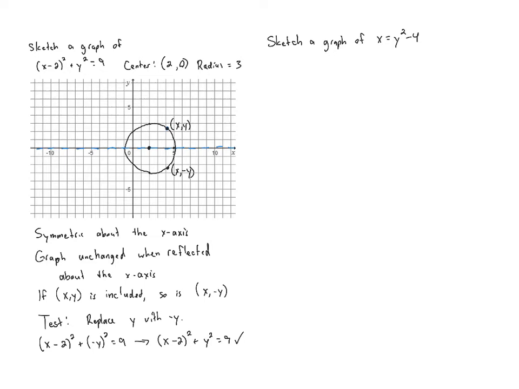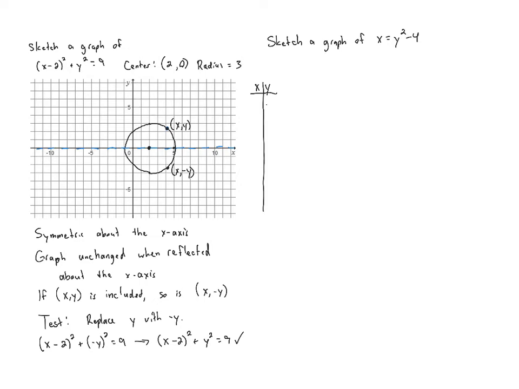And what we're going to do is make a table of values with x's and y's to try and figure out what this is going to look like. You might actually have an idea of what this might look like. Maybe you can take a guess, and we'll see if that guess is right. But instead of picking values for x and then solving for y, I'm going to pick values for y and then solve for x, because it's going to be a little bit easier here.